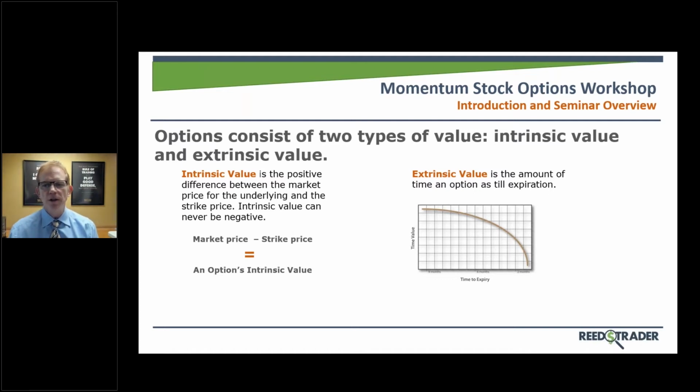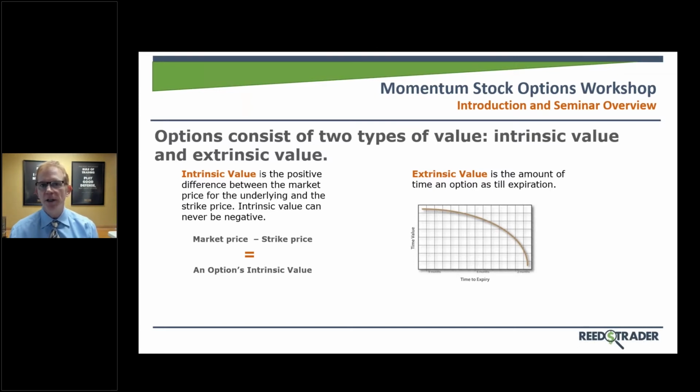Extrinsic value is the amount of time an option has until it expires. So if you buy an option a year from now, you have a long time to choose whether you want to exercise or not. So that option will cost you more. It is worth more because you have more time. If you buy a one-day option, it's going to go by very quickly.